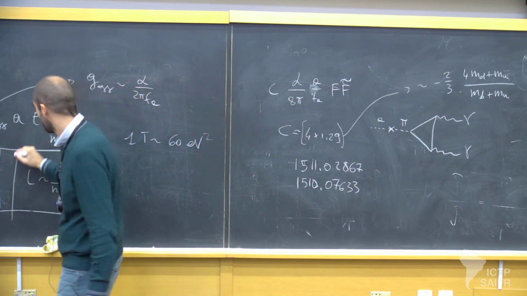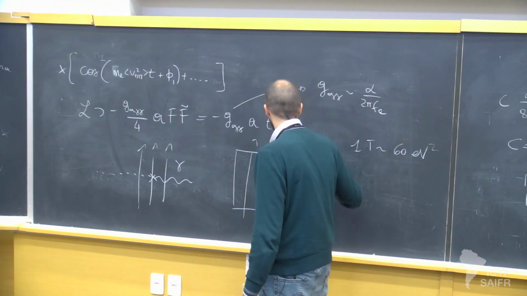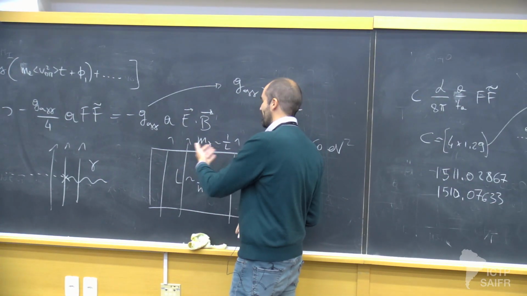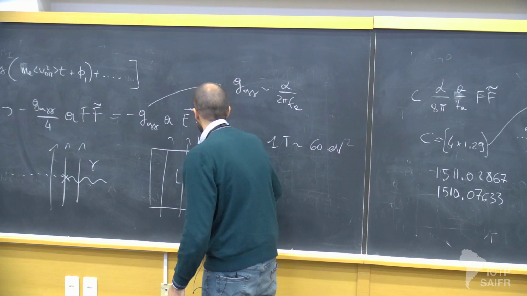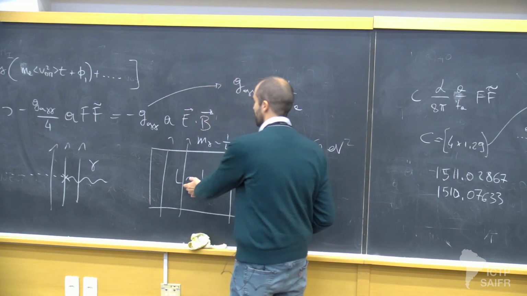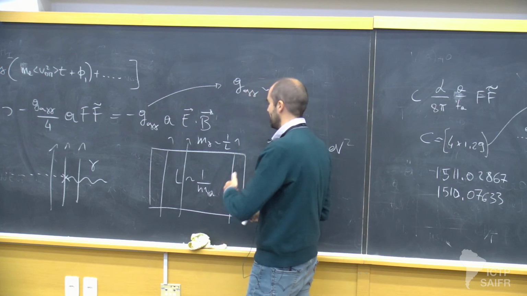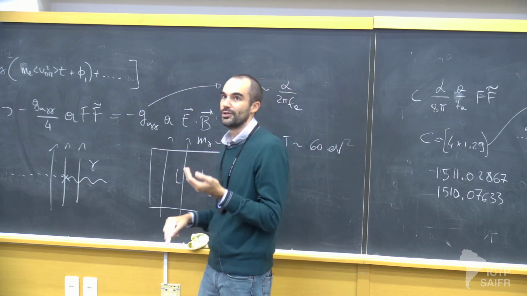Then you turn on a background magnetic field, and you look for a resonance signal building up. If you match the photon mass to the axion mass, then you can build your signal resonantly.